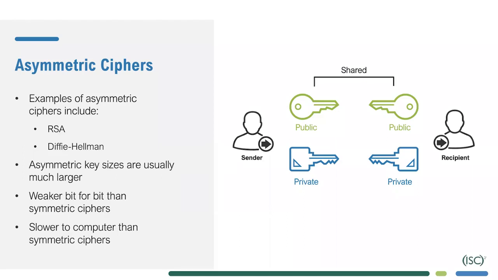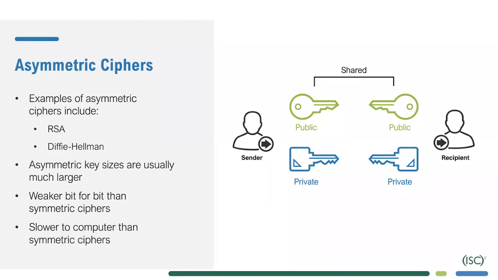The private key is generated, and then some algorithm creates a corresponding public key. RSA is based on factoring the product of two large prime numbers. Diffie-Hellman is based on discrete logarithms. Very different mathematical approaches for asymmetric.